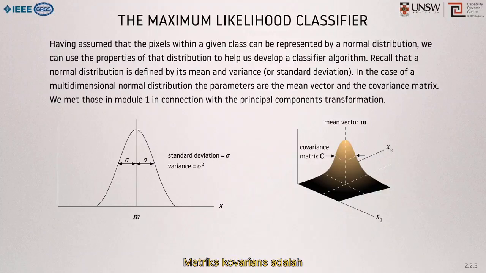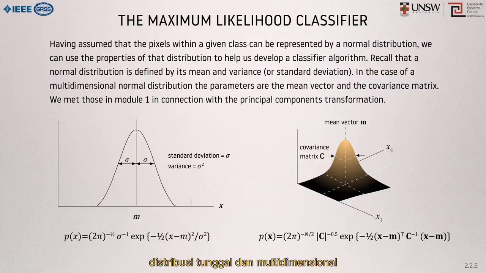The covariance matrix is the multidimensional version of the variance of a one-dimensional distribution. The formulas for the single and multidimensional distributions are seen to have a similar structure, as is to be expected.